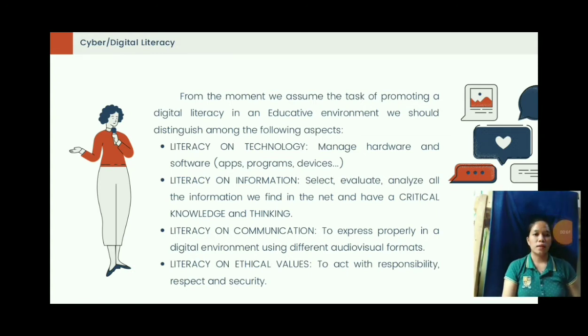So last, literacy on ethical values: to act with responsibility, respect, and security.